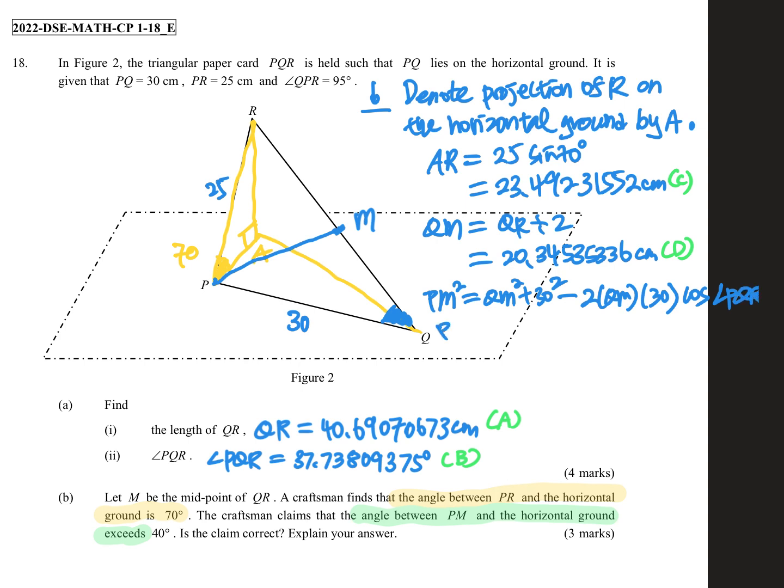So PM, with QM being D, will be 18.669. And then that will be X.